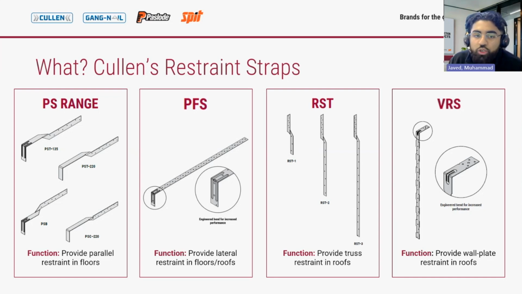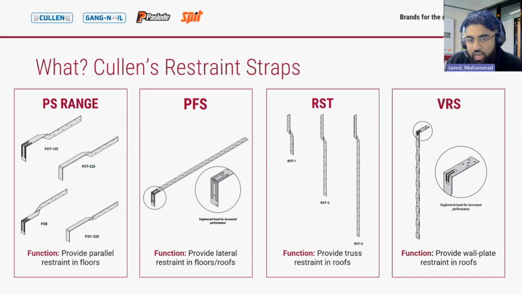First of all, we have our two preformed strap ranges, our PS range and our PFS range. Our PS strap range is used to provide parallel restraint specifically for floor applications, and our PFS strap range provides lateral restraint for both floor and roof applications. Next, we have our twisted strap range, the RST, which is designed for vertical restraint for roof elements.